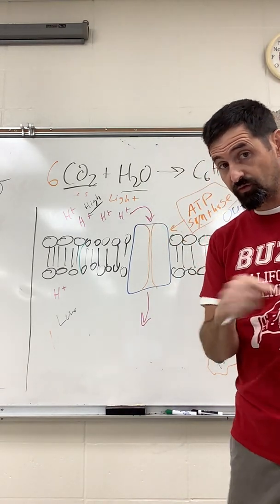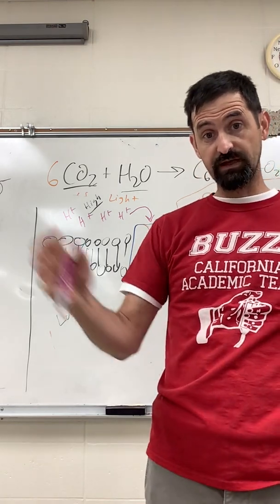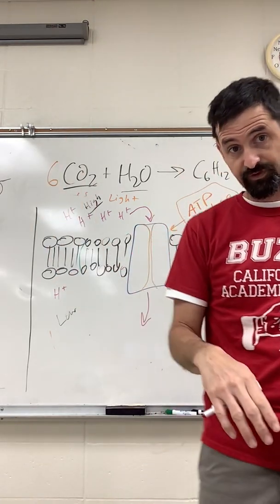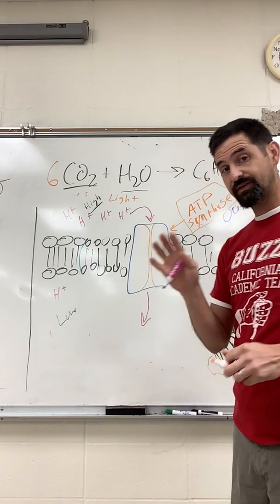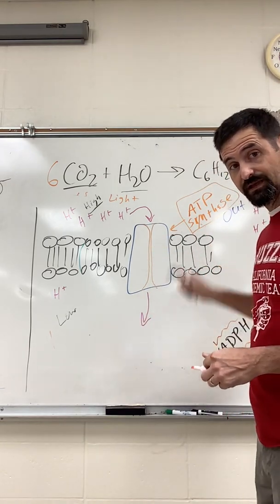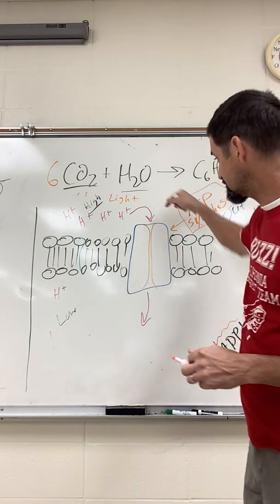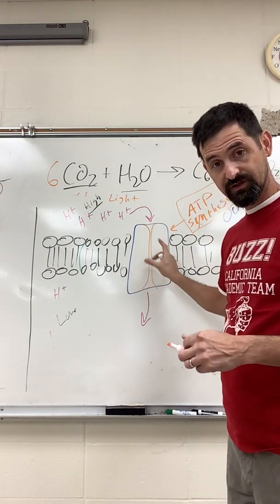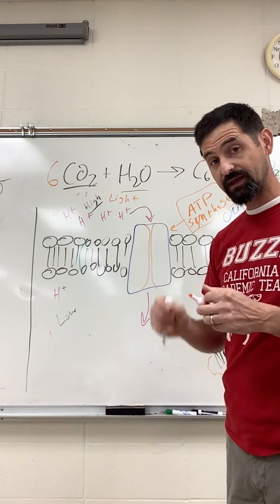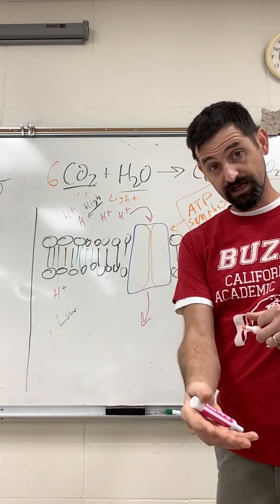What makes it go from high to low? Diffusion, right? They're getting pushed through from the force of diffusion. The really cool thing about ATP synthase is it acts like a biological turbine. As this gets forced through, it allows this protein to flex and helps a chemical reaction occur.